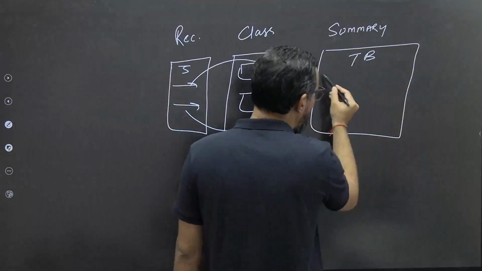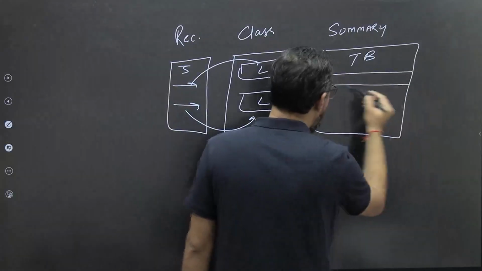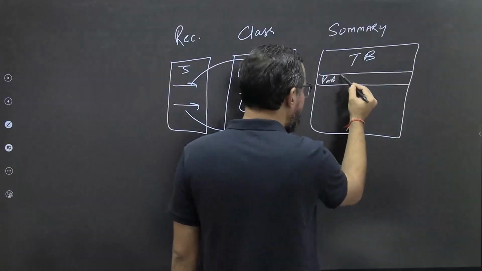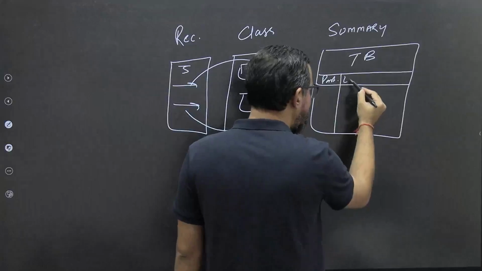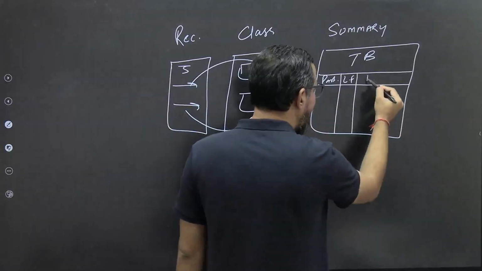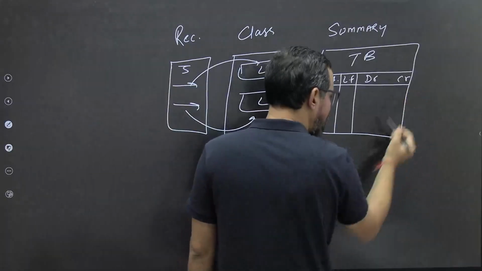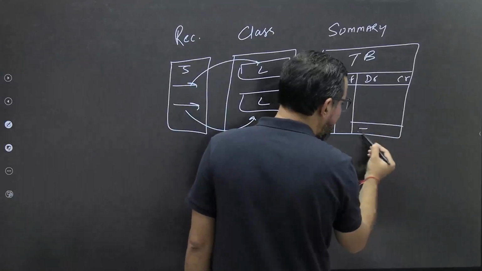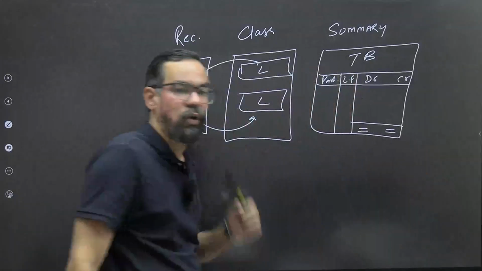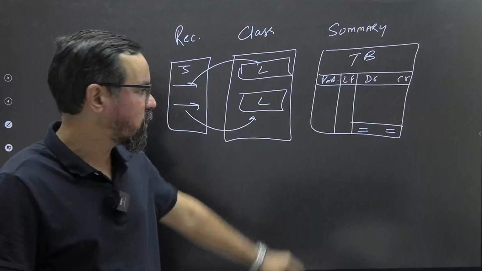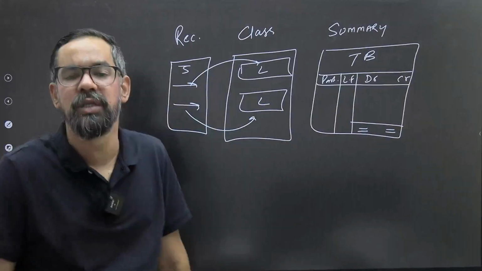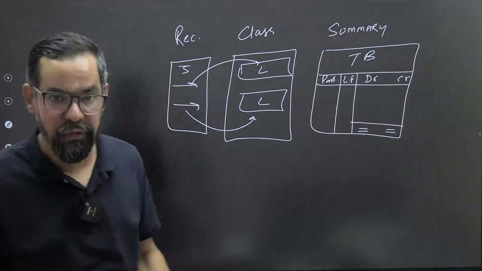The format of the trial balance is particulars, then we have ledger folio, then the debit column, and then the credit column. The total of debit should be equal to the total of credit, because we are following the dual aspect of accountancy.